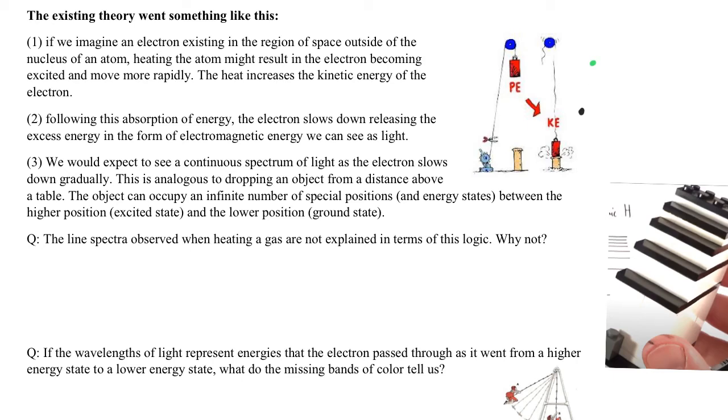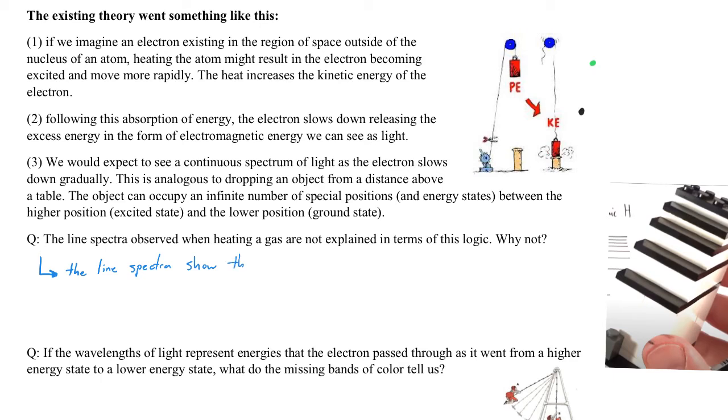Okay, so let's look at this question that's presented here. The line spectra observed when heating a gas are not explained in terms of this logic that's up here. So why not? Well, if we look at the line spectra, we see those bands with certain colors, and we discussed that those bands represent certain energy levels.